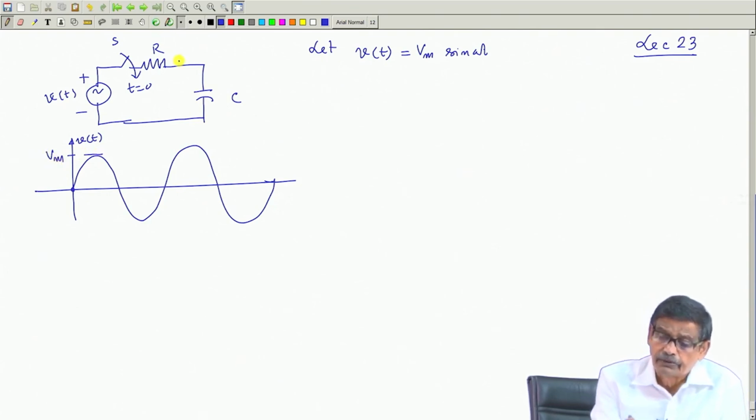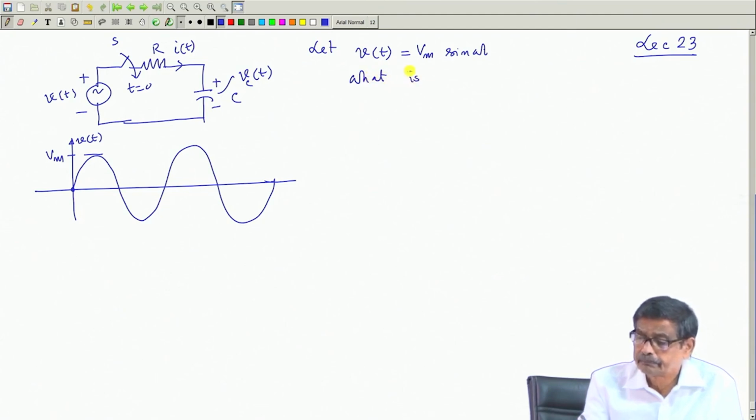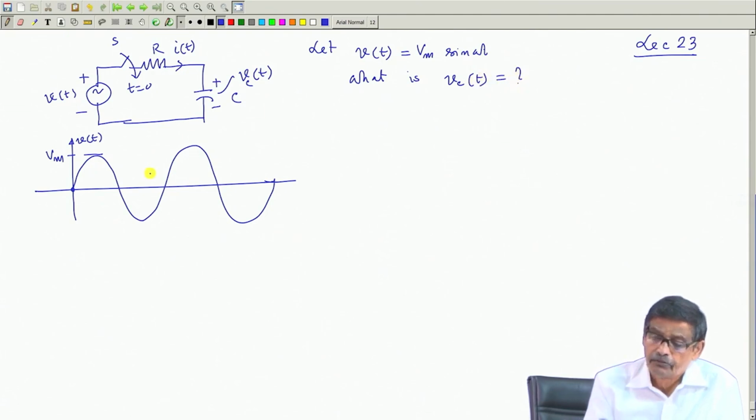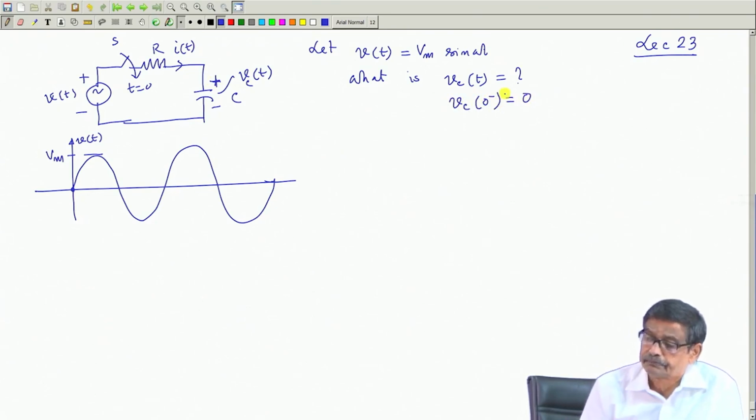I want to find out not only the current, but also the voltage across the plates of the capacitor. Suppose I want to know V_C(t), with this plus and this minus, and the boundary condition is 0.